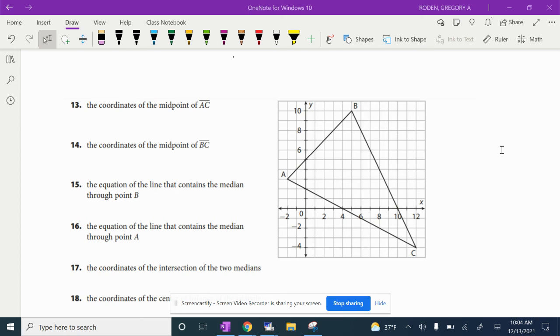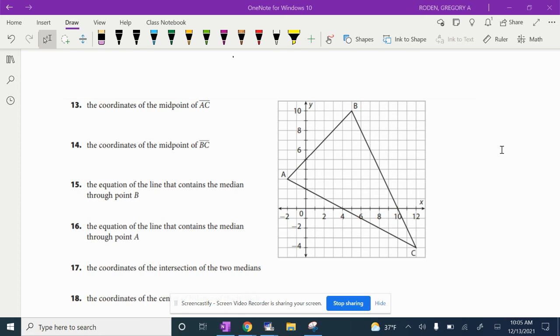So Rachel's going to read this off, and you're going to write it down if you do not have a good definition of a median. All right, Rachel, go ahead. A line that connects an angle to the opposite midpoint. Very good, Rachel. Does everyone understand that? Yeah. That's the definition of a median of a triangle.